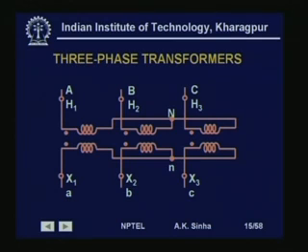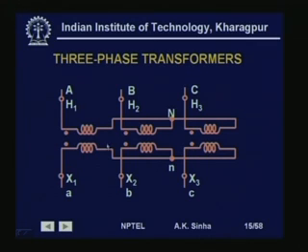The 3-phase windings of these transformers, both on the primary and the secondary side, can be connected either as a star or as a delta. Like here we have shown, this is connected as a star, and this is also connected as a star. So, we have a star-star transformer.